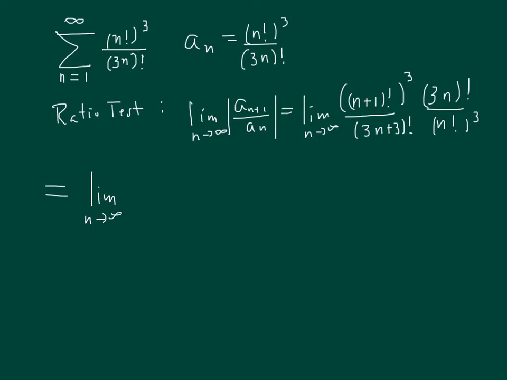The limit as n goes to infinity. So in the denominator here, I'll have 3n plus 3 times 3n plus 2 times 3n plus 1 times (3n) factorial.